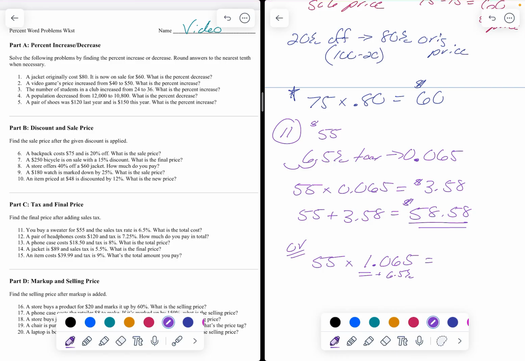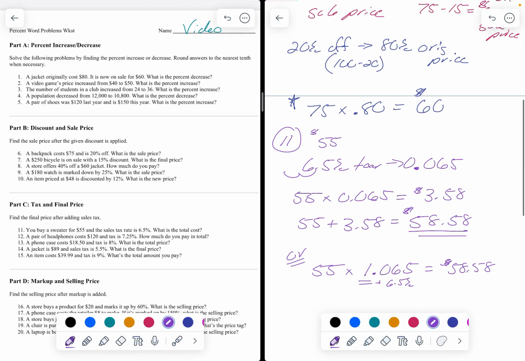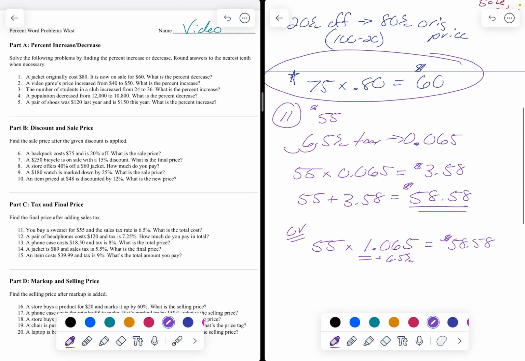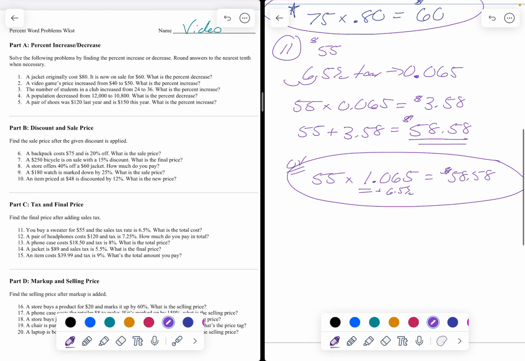Let's do that in our calculator. 55 times 1.065. Guess what? We get 58.58. So just like in the last one, if you think about what percent of the whole, of the original, you can kind of do it in one step. And those are some of the equations I give you on your note sheet.